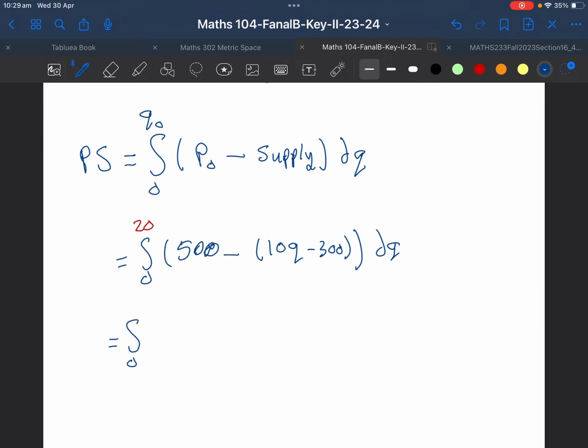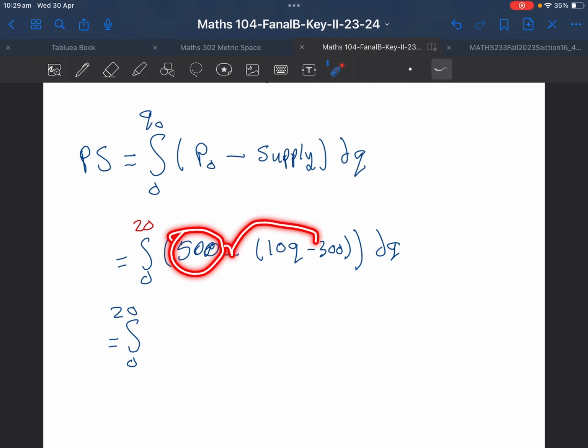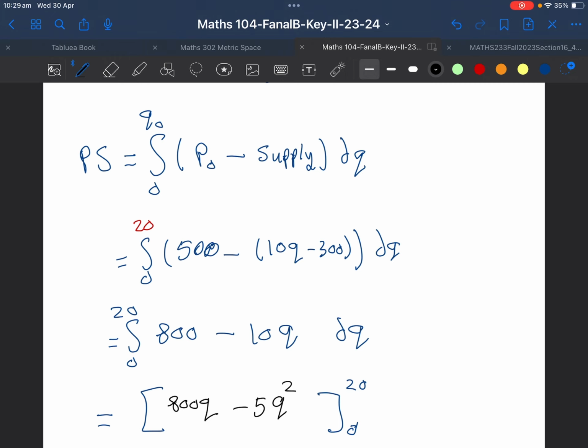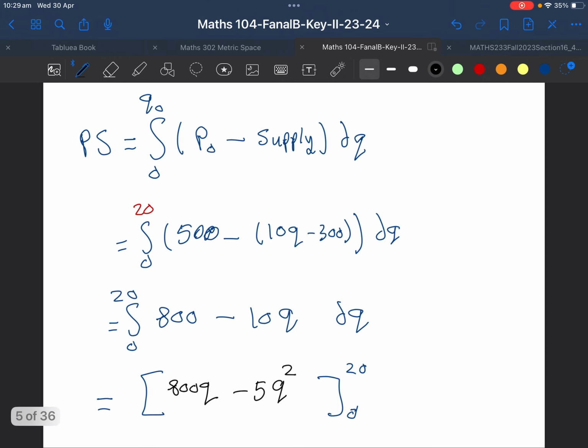And now we can find this integral. This is 0 to 20, 500 minus 300, this will give me just 800 minus 10q dq. This is just a usual definite integral that we can always find, which will give me 800q minus 5q squared.